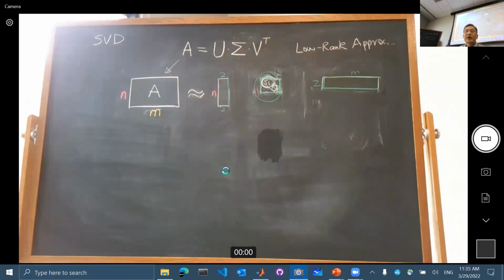Can anyone tell me what you can achieve using this low rank approximation? I can think of the first one: you can use much less information to represent your original data.